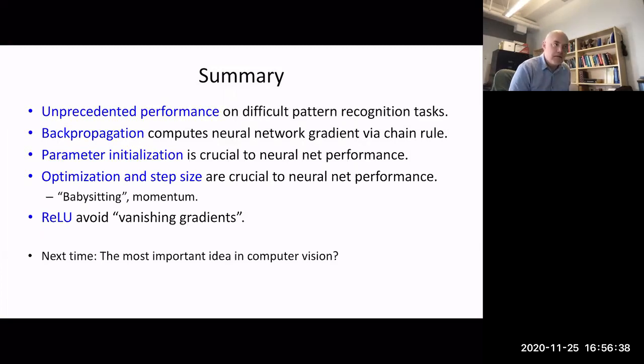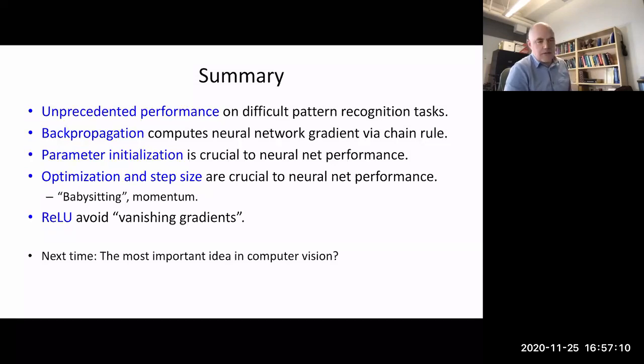So, in summary, deep neural networking, cool. It gives you unprecedented performance on many difficult pattern recognition tasks. Backpropagation and automatic differentiation are how you get gradients with respect to parameters in deep neural networks. It's basically a very nice use of the chain rule and the total derivative rule, and it's available to you in packages now.